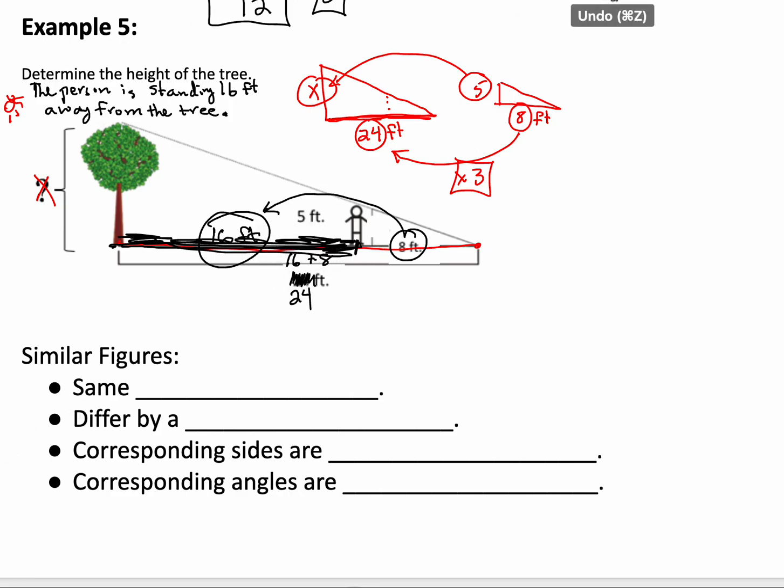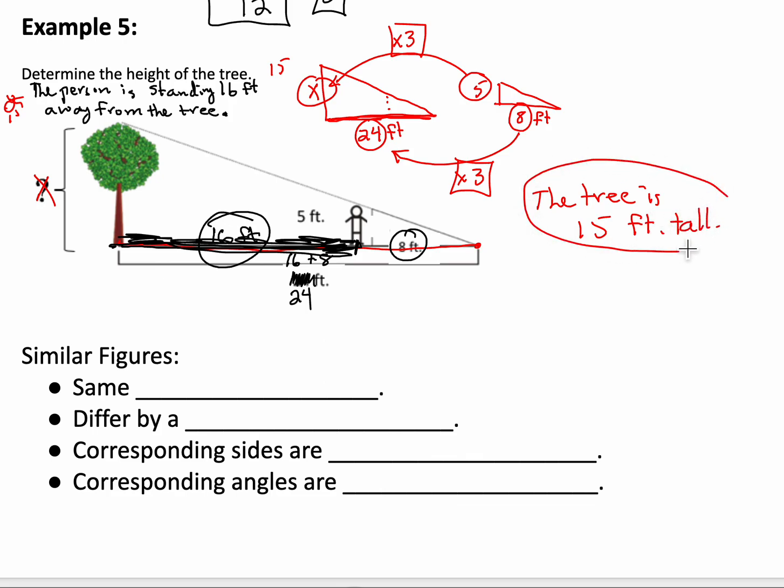So, because the wrong answer would be 10, it has to be times 3 because 8 times 3 is 24. So that means up here, 5 times 3 is 15. So the tree is 15 feet tall.